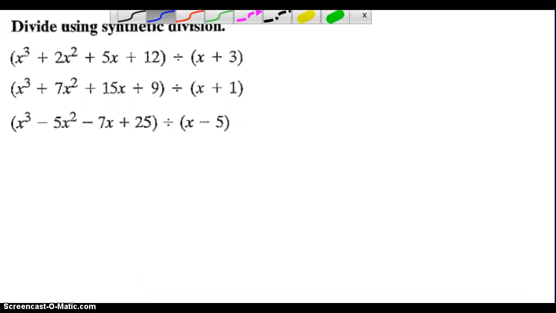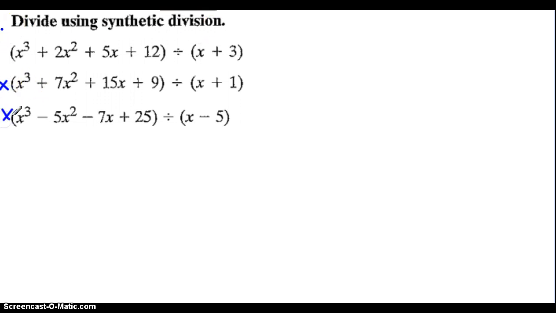I'm going to go through the synthetic division process again for the next two problems, the ones that we were trying, the same process that we just did. So again, I write down my coefficients of 1, 7, 15, and 9. My 0 for this is -1.